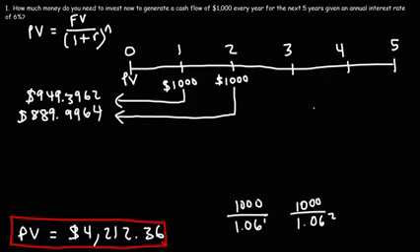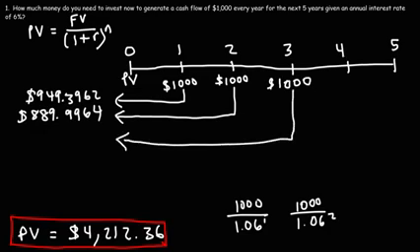Now, what about $1,000 3 years from now? How much is that worth? So that's going to be 1,000 divided by 1.06 raised to the third power. And so $1,000 3 years from now will be worth $839.62.